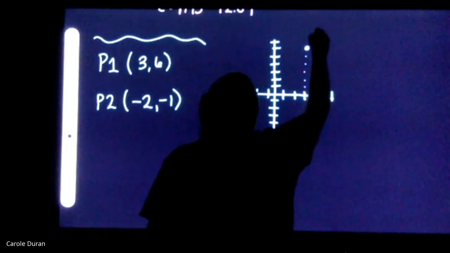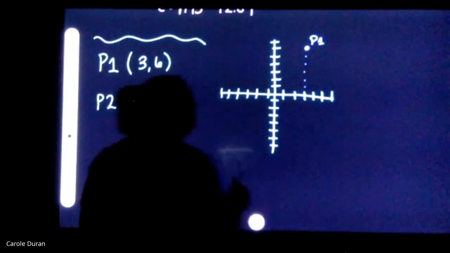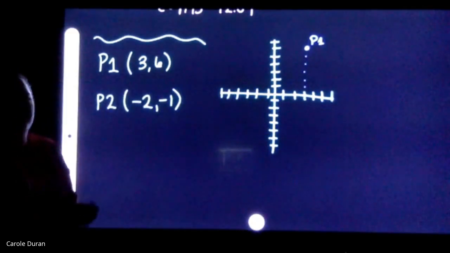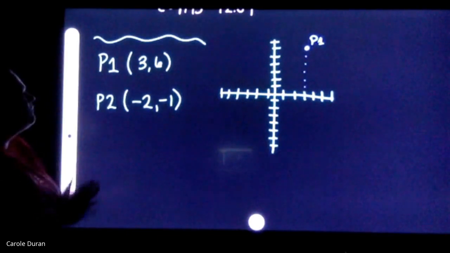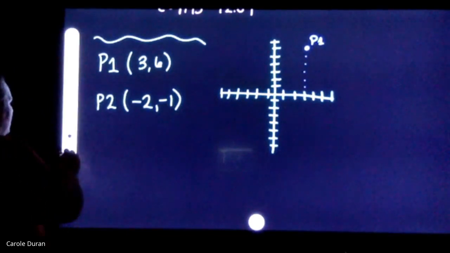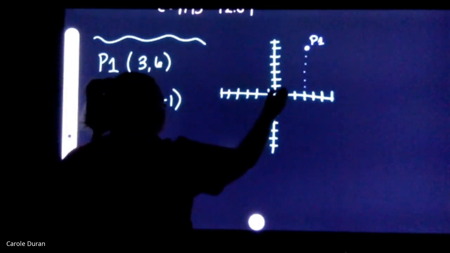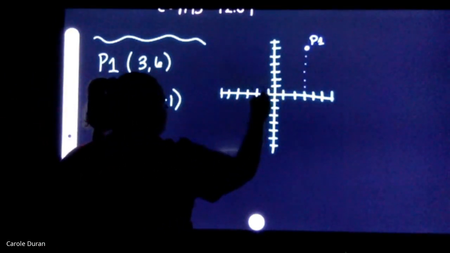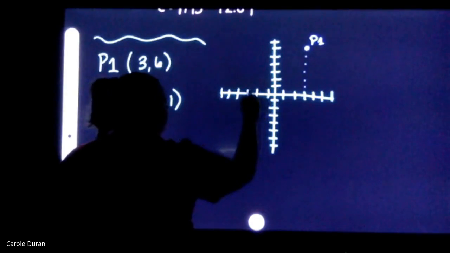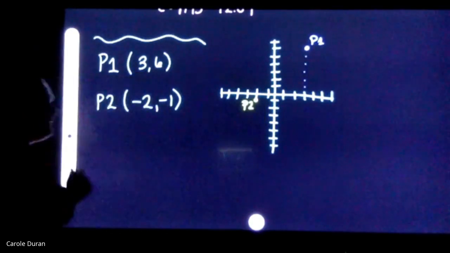And that's going to be point 1. Then I'm going to go ahead and plot point 2, which is -2, -1. So from 0, 0, I'm going to move left 2 and down 1. And that's point 2.